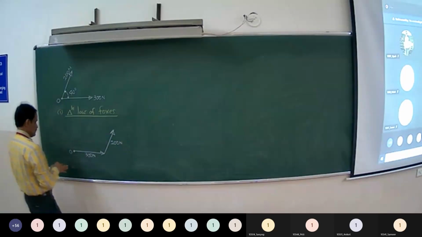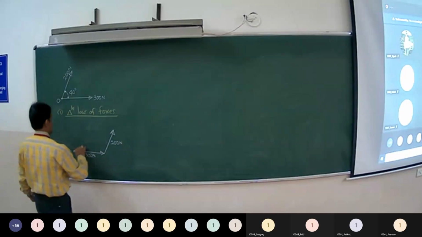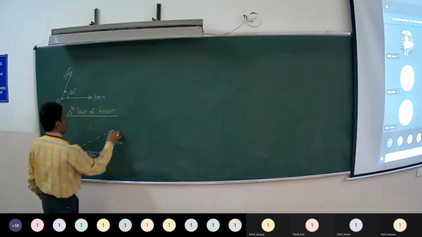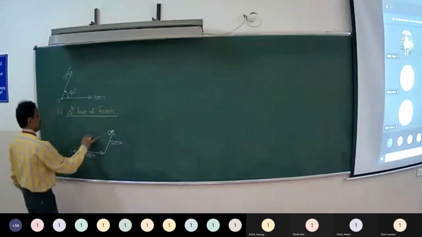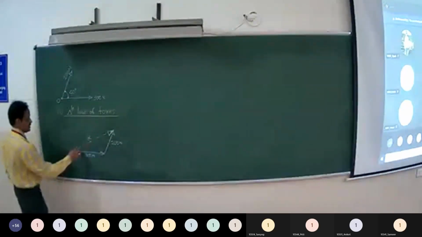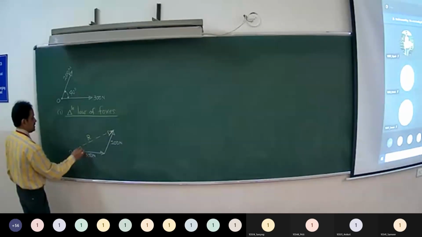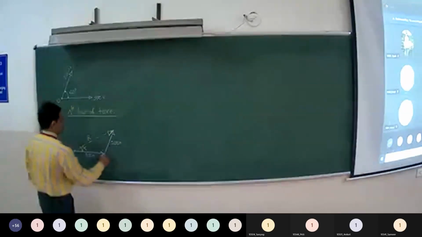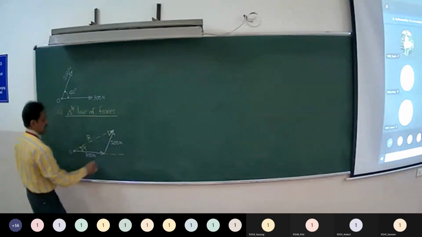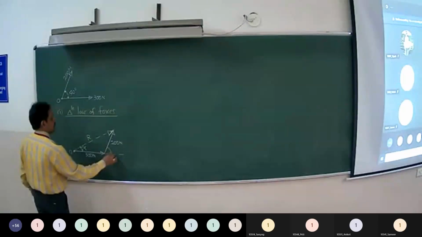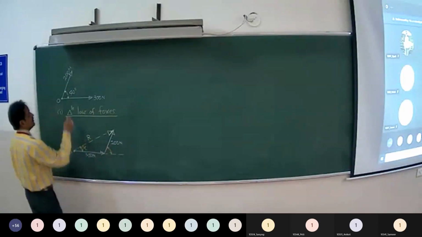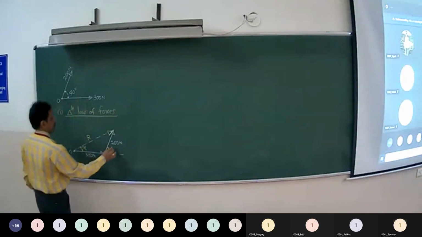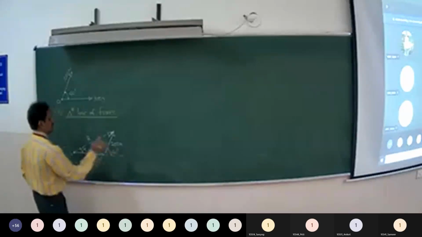Then the closing side of the triangle taken in the opposite order gives you the resultant. Let us say the direction of resultant with respect to 300 Newton force is alpha. And it is given that the angle made by 200 with respect to 300 is 40.